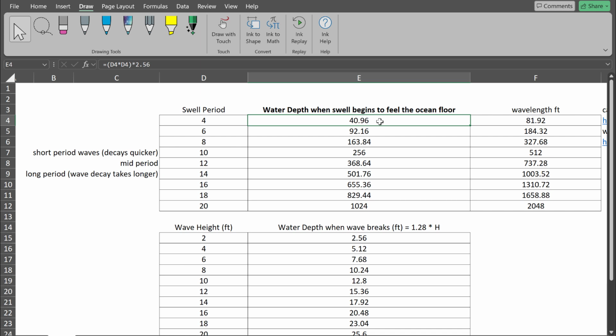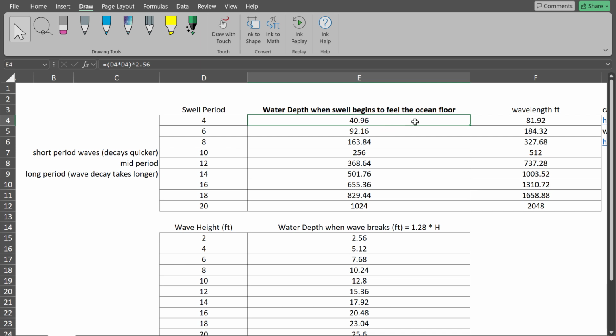Now that's fairly shallow. I think at least here on the Pacific, on the west coast of California, 40 feet of depth is pretty close offshore. You can visually see that, right? And so this is where the swell starts to feel the ocean floor. It's not where the wave will break. Okay, it's just where it starts to feel the ocean floor.